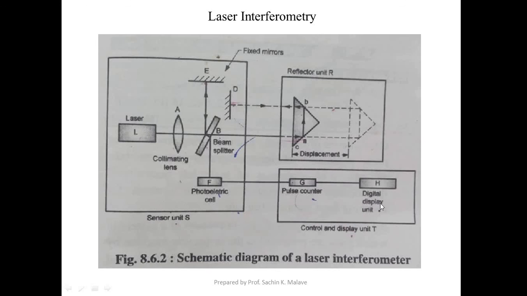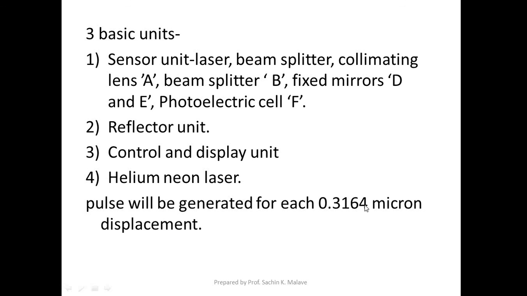We can easily count the number of pulses, and it can be correlated with the displacement. If you take the example here, a pulse will be generated for each 0.3164 micron displacement.